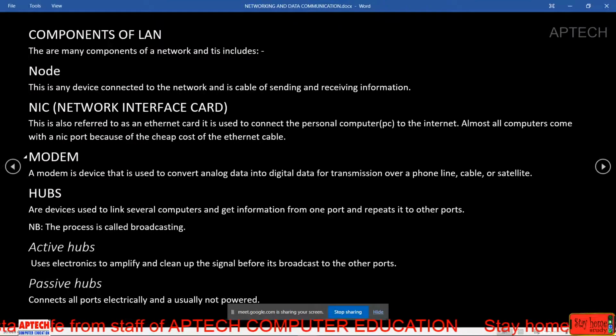But a switch studies all the ports and knows who is where. So if it's sending information, it will send it to that particular port where that particular person is, instead of sending the information to everyone. And most of the time hubs are considered more of a bus topology.